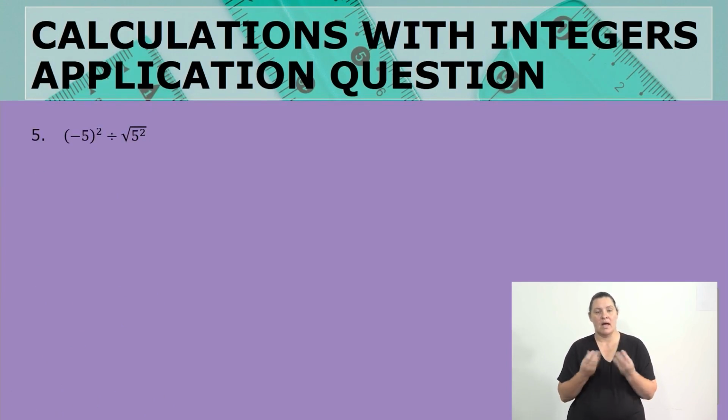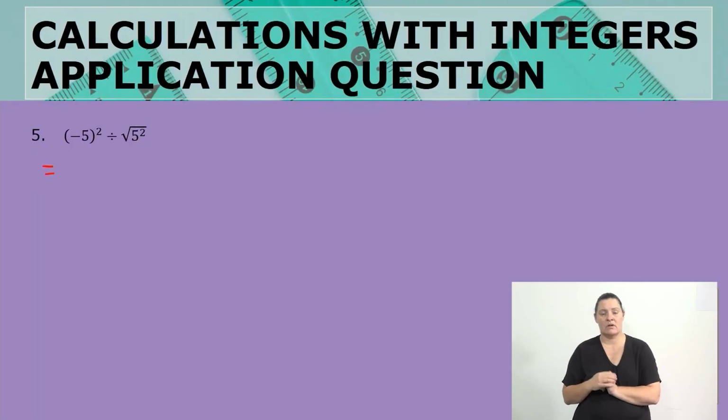We have there a negative 5, in brackets, squared divided by the square root of 5 squared. Do you remember that when we are working with integers, we have to put them in brackets? So the fact that there are brackets there means that we are squaring the whole negative 5. So this means that it will be negative 5 multiplied by a negative 5.